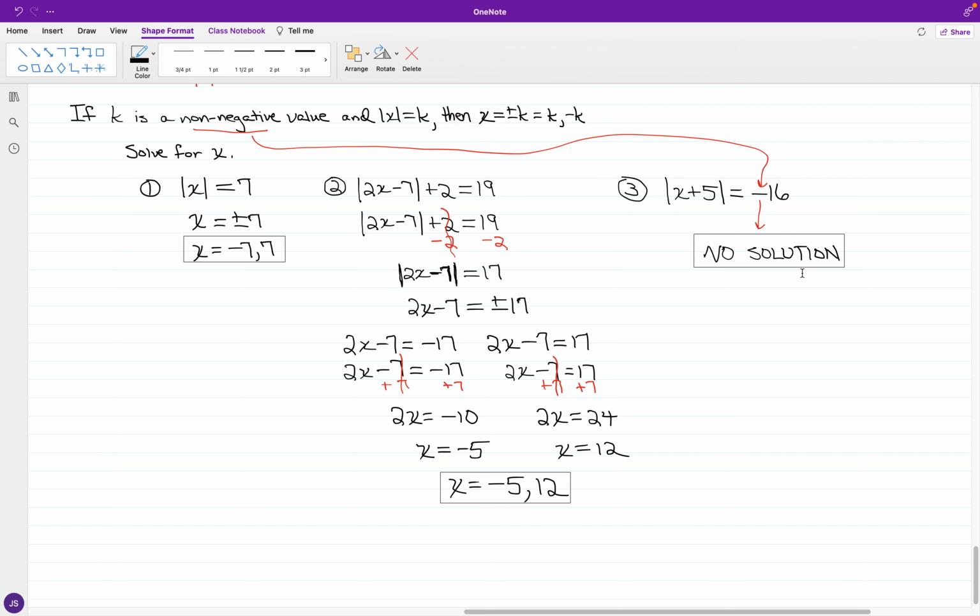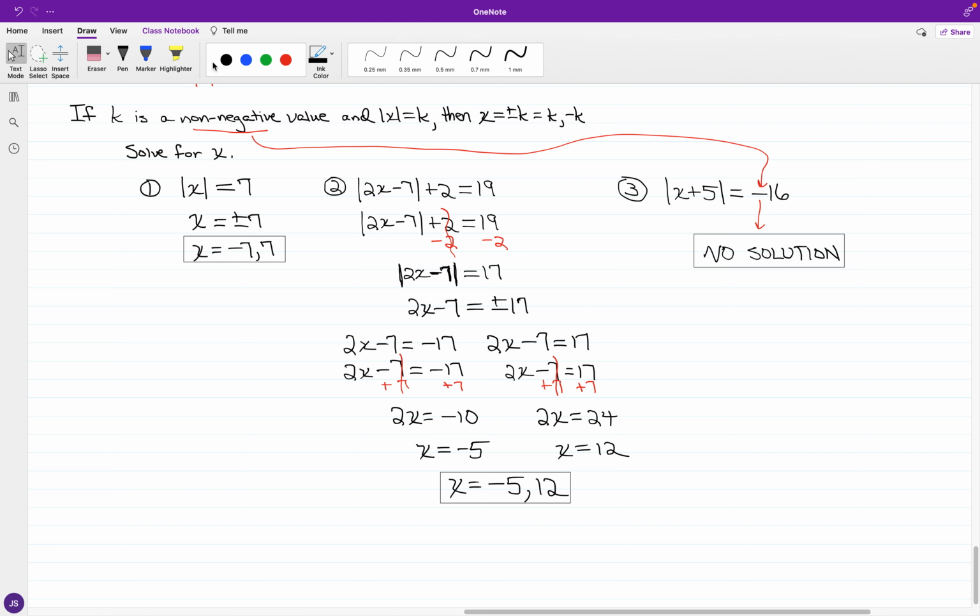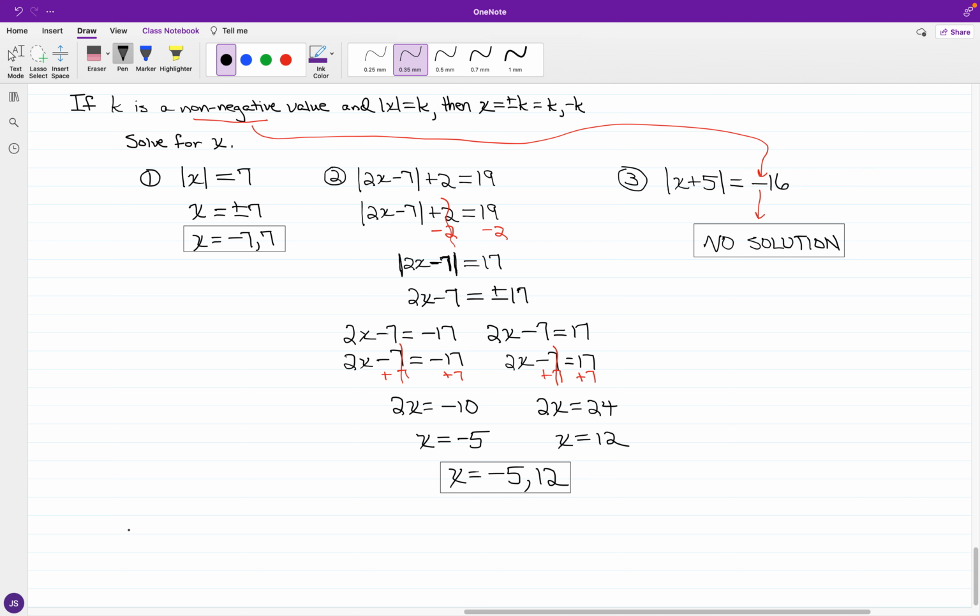All right, now another case here, in this remaining example, with the absolute value bars in terms of how they are to be applied or looked at.